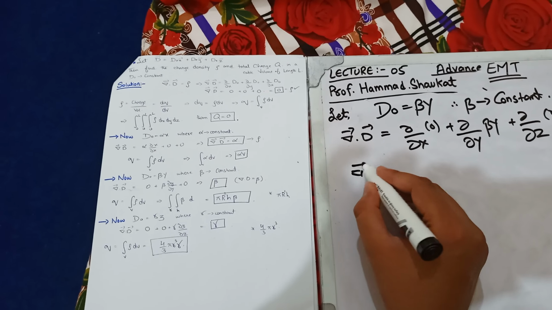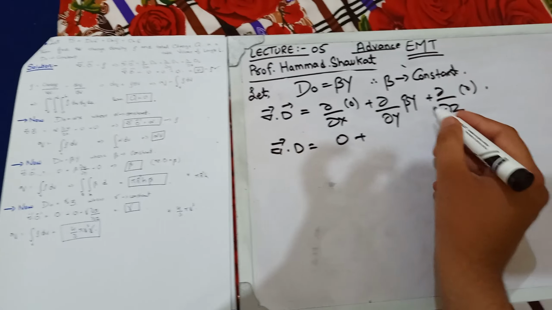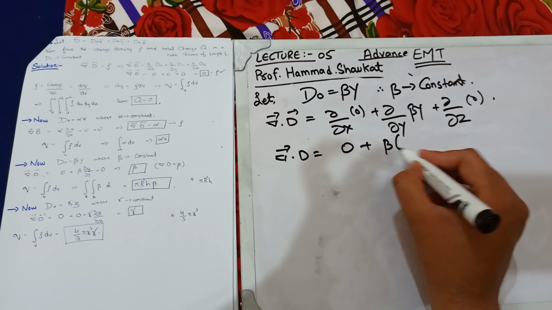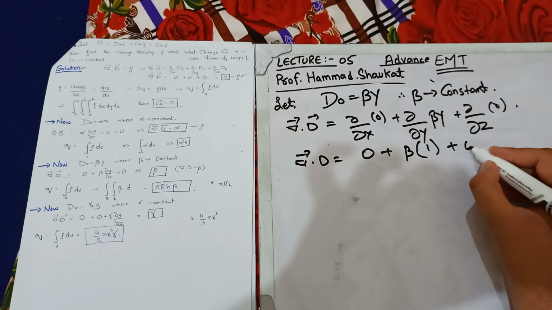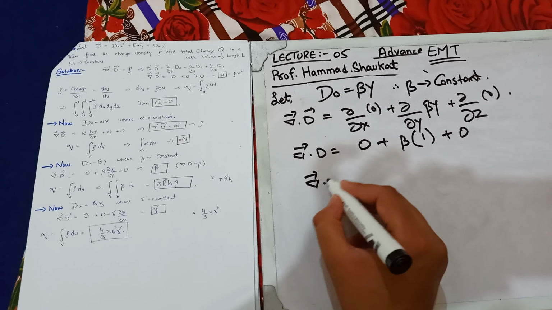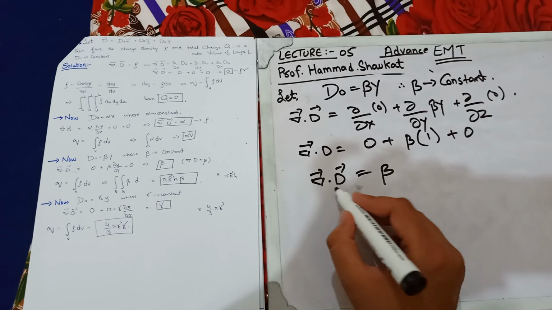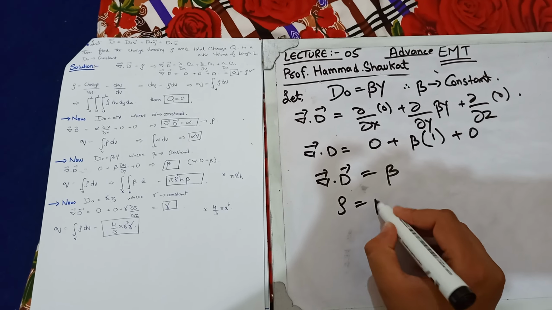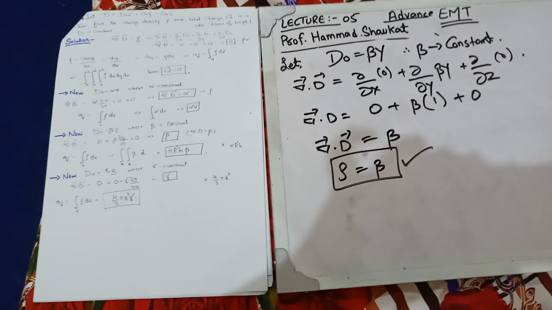So now your del dot D becomes 0 plus beta, which is constant, comes outside, and partial y by partial y becomes 1, plus 0. So your del dot D equals beta, and because del dot D equals rho, your charge density rho equals beta.